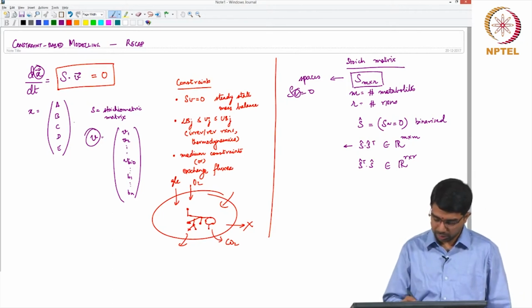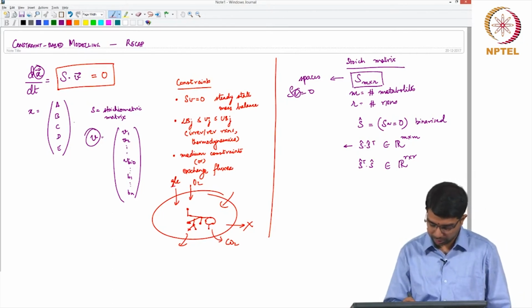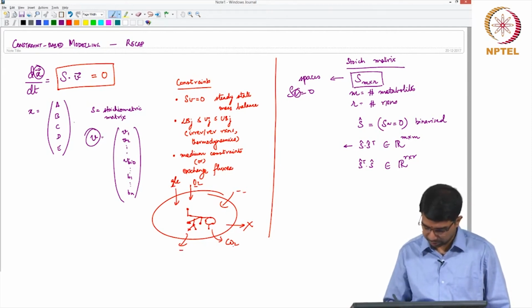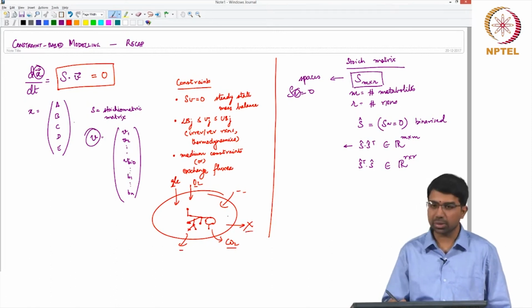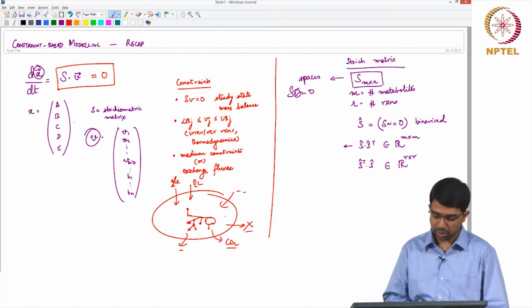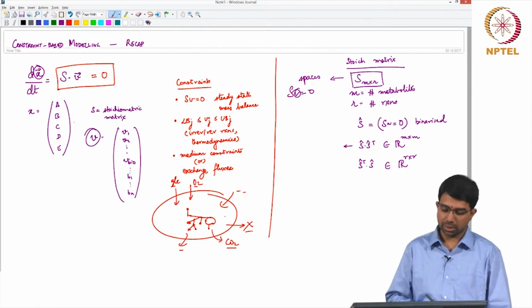Right. But what you have are a glucose uptake flux, an oxygen uptake flux, any other uptake fluxes, and whatever secretion fluxes, CO2, net ATP generation, consumption, whatever, right.